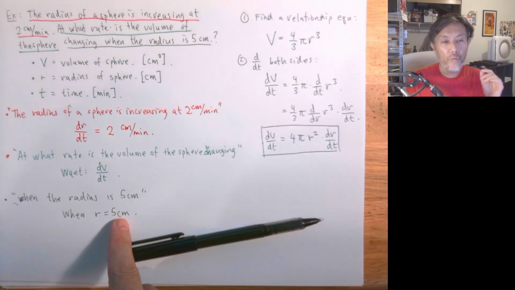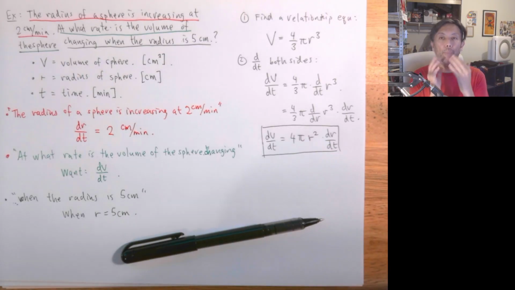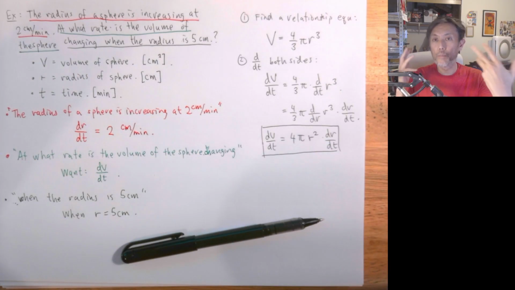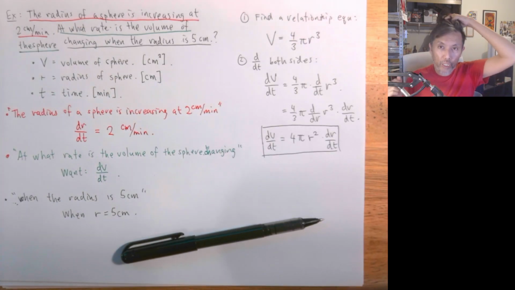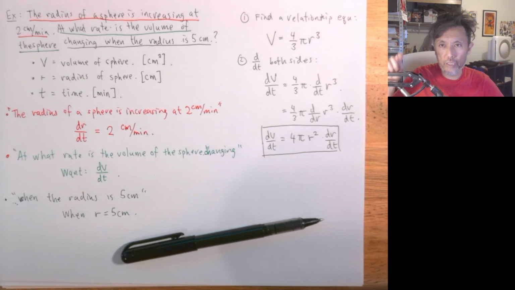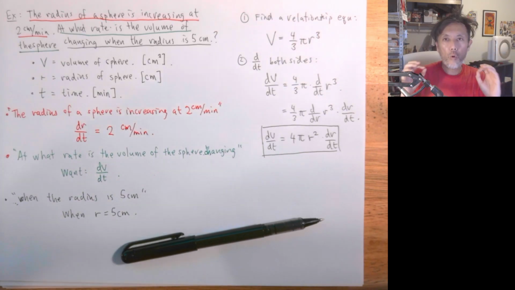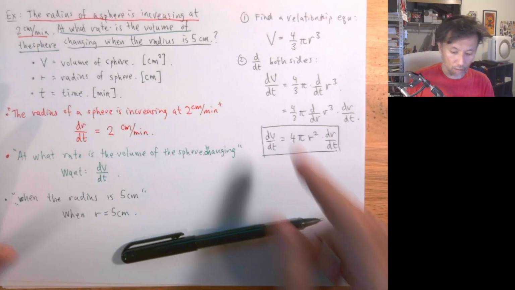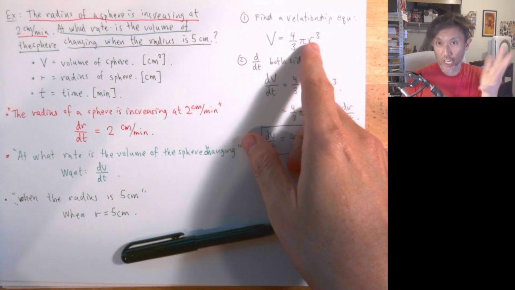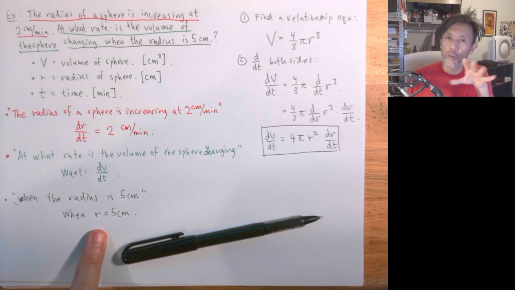This r equals 5 centimeters represents a particular moment in time, or a particular moment for the radius. And what we don't want to do is plug that in prematurely, because we need to understand how the radius is changing.